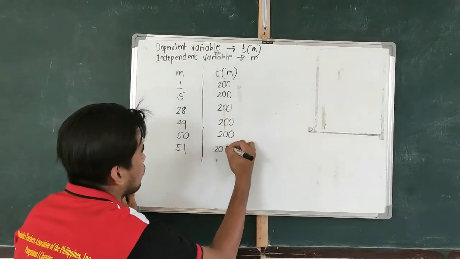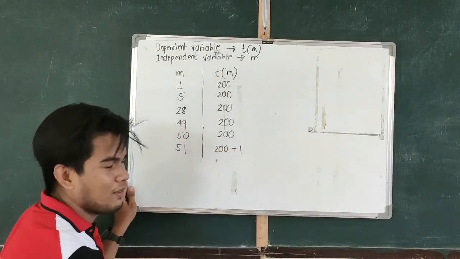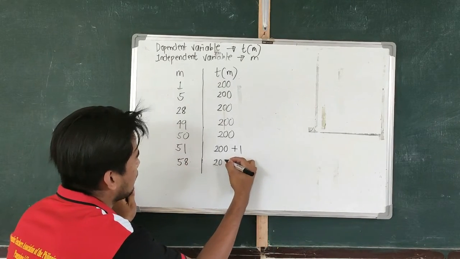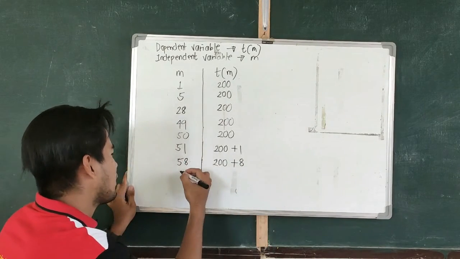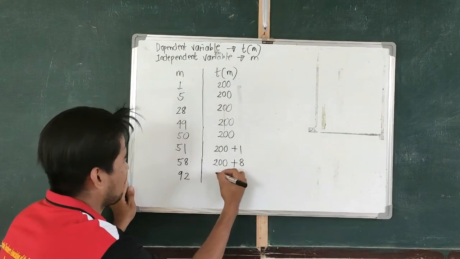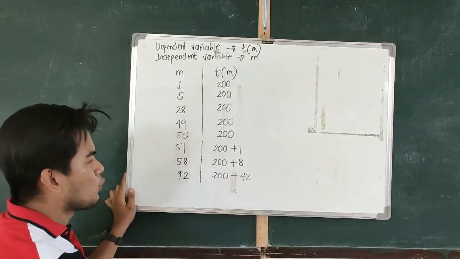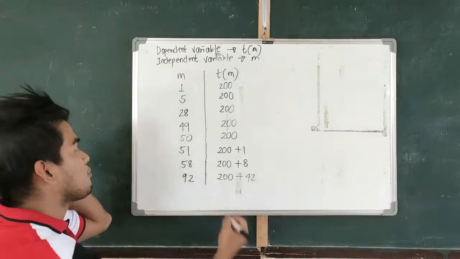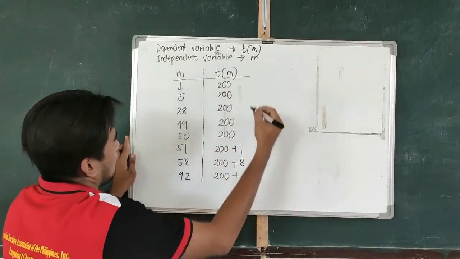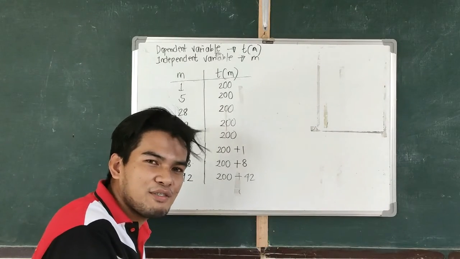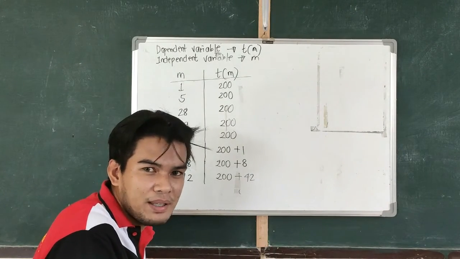So, we have 200 plus 1. So, what if 58? We have 200 plus 8. What if 92? We have 200 plus 42. So, from this table, we can easily identify the piecewise function being asked.